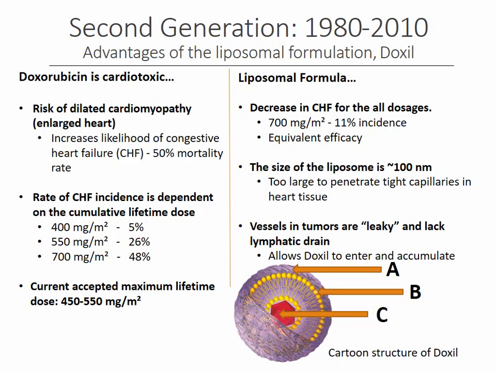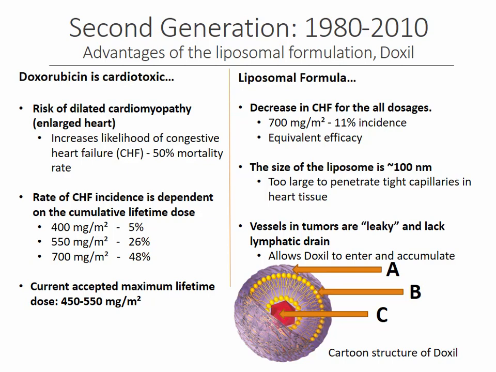Turns out by encapsulating it in a liposome, it increases the size of the drug by about 100 times. And at that point, it's too large to penetrate tight capillaries in heart tissue. So it goes right past the heart. It avoids all that. You don't got to worry about that. Obviously, there's still some risk to it, but much, much reduced.